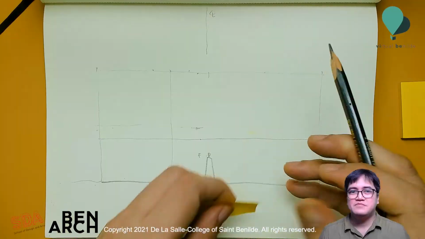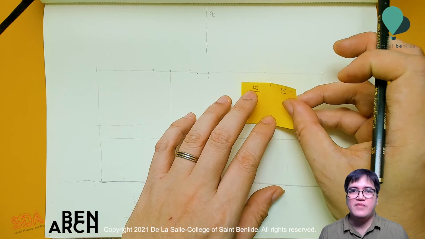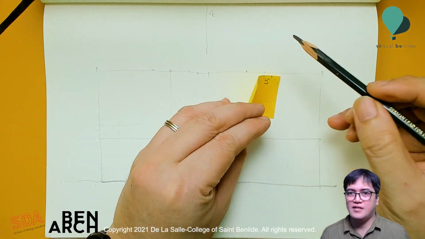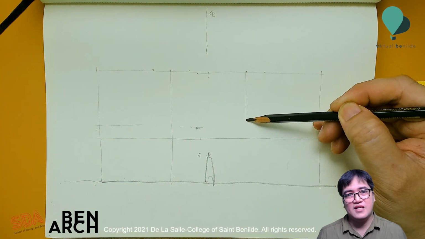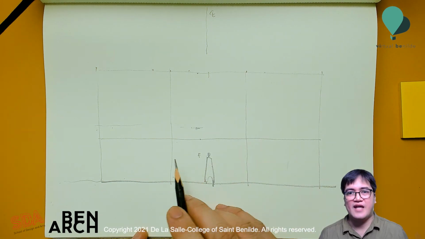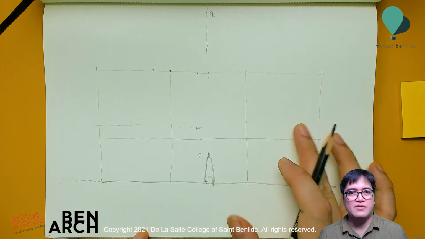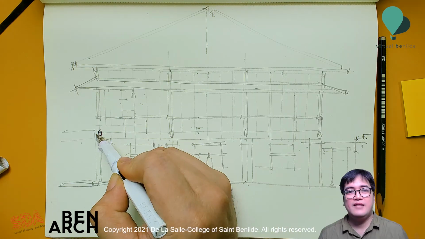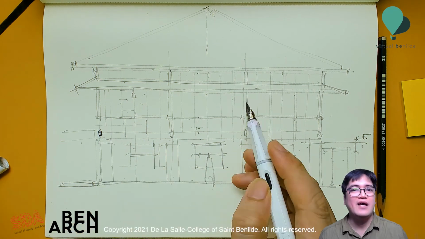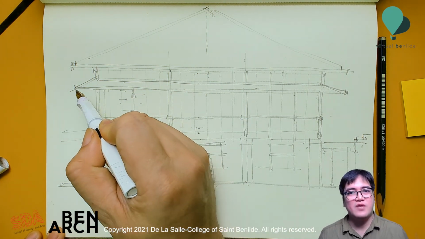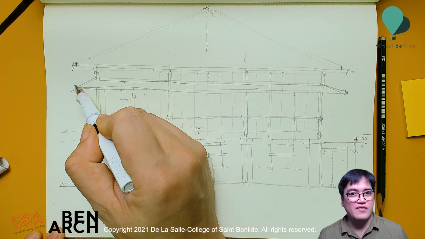Check. Number 3, from here, you can divide the facade into smaller areas, since most buildings, especially heritage buildings, have a more traditional facade design. You can look for columns or frames that divide the facade vertically. Check. And lastly, number 4, after setting up these parameters or framework, you can now start detailing the elements of the building.